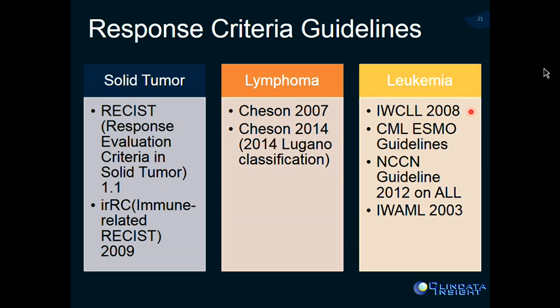For chronic lymphocytic leukemia, we follow IWCLL 2008. For chronic myeloid leukemia, we follow the CML ESMO guidelines. For acute lymphocytic leukemia, we follow NCCN guideline 2012. And for acute myeloid leukemia, we follow IWAML 2003. In our study, because we focus on chronic lymphocytic leukemia, we're going to discuss IWCLL 2008 for leukemia studies.